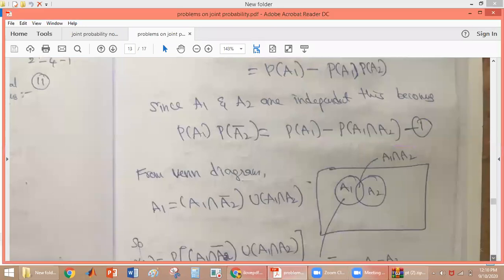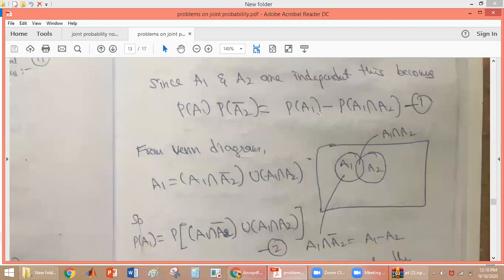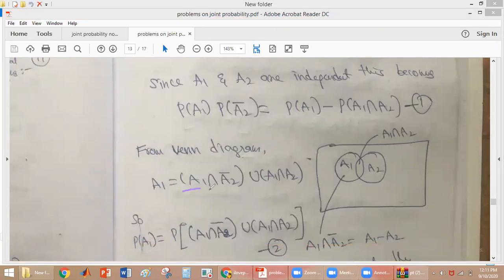How do you write A1? A1 can be written as A1 intersection A2 complement, as we have just discussed, union A1 intersection A2. So A1 intersection A2 complement is nothing but A1 minus A2, union A1 intersection A2, so that it will include the complete A1 part.